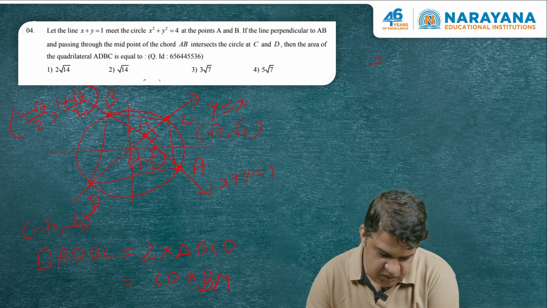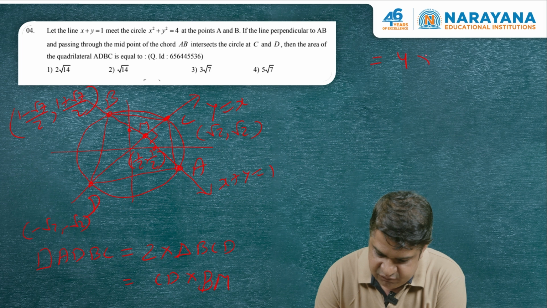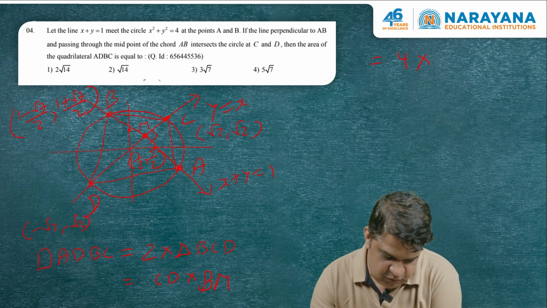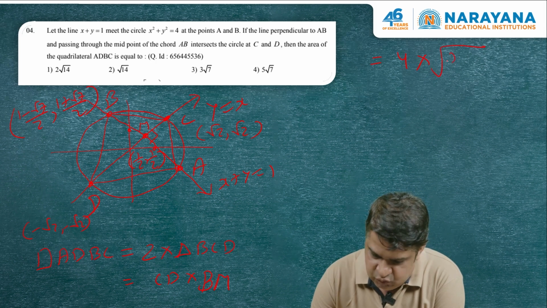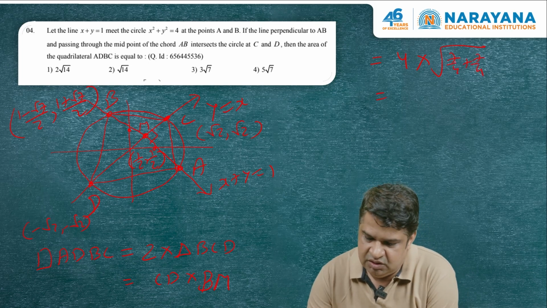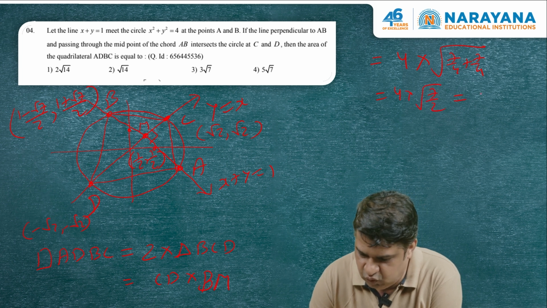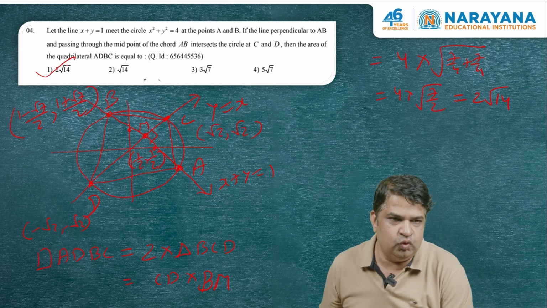CD is root of 8 plus 8, that is root 16, that is 4, into BM. BM means 1 minus root 7 by 2 minus 1 by 2, so minus root 7 by 2 square, that is root of 7 by 4 plus 7 by 4, so it is root of 7 by 2. So, 4 times root 7 by 2 is 2 root 14. So, our answer will become 2 root 14.